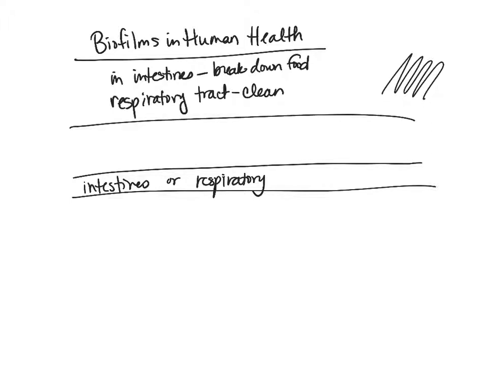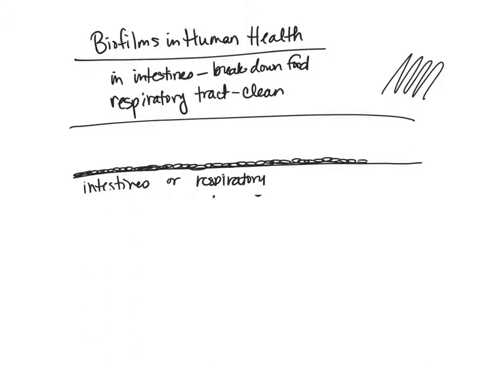We're going to remove this bottom part. So this is our tube up here. So in our tube, if we have bacteria that are coating the entire inside of our tube, whether it's intestines or respiratory tract, you can see that if it's completely coated, if we have a pathogenic bacteria come in, then it's going to have a really hard time getting in here and trying to get any access to any nutrients.